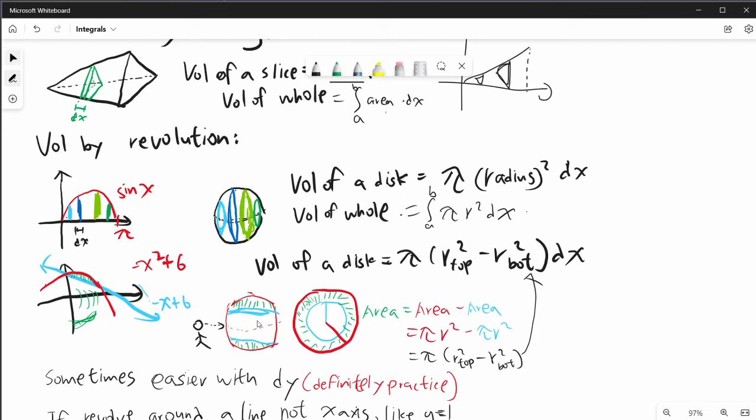You have something like a hollow cylinder. From a side view, it's bounded by the red line up here, then the blue line in the middle, and it's hollow all in the middle. And then at the bottom, it will be blue line, and then red line. The green area is the substance.